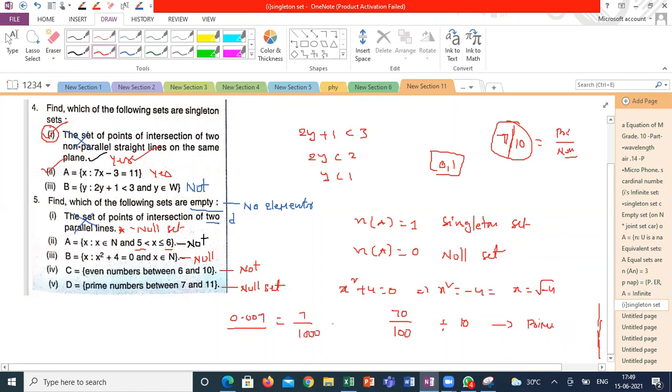I can also write this as 70 by 10,000 and say it is divisible by 10. There is no proper definition for a prime rational number. We won't define the prime concept for rational numbers because it is irrelevant: a rational number has many like fractions, and all like fractions represent a single rational number, correct?